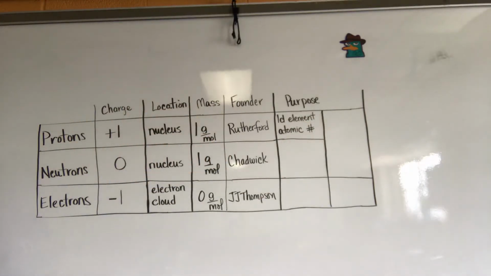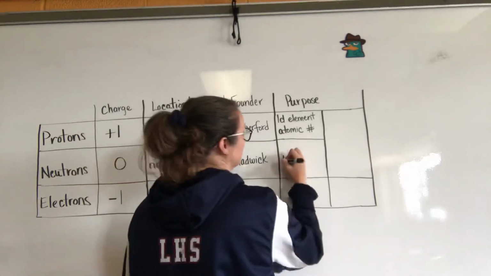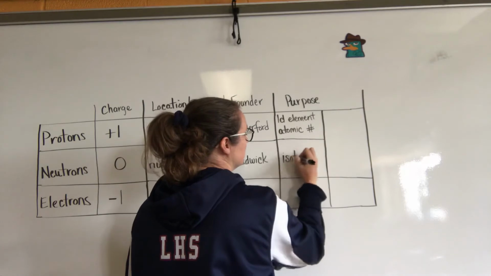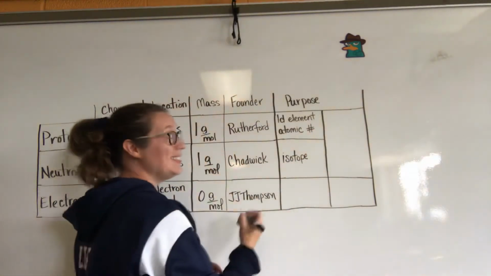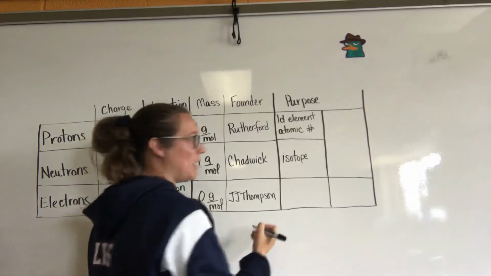The neutron is going to tell us specifically what type of each element we're playing with, and it does that through a term we call isotopes. Isotopes, same element, but has a different mass.